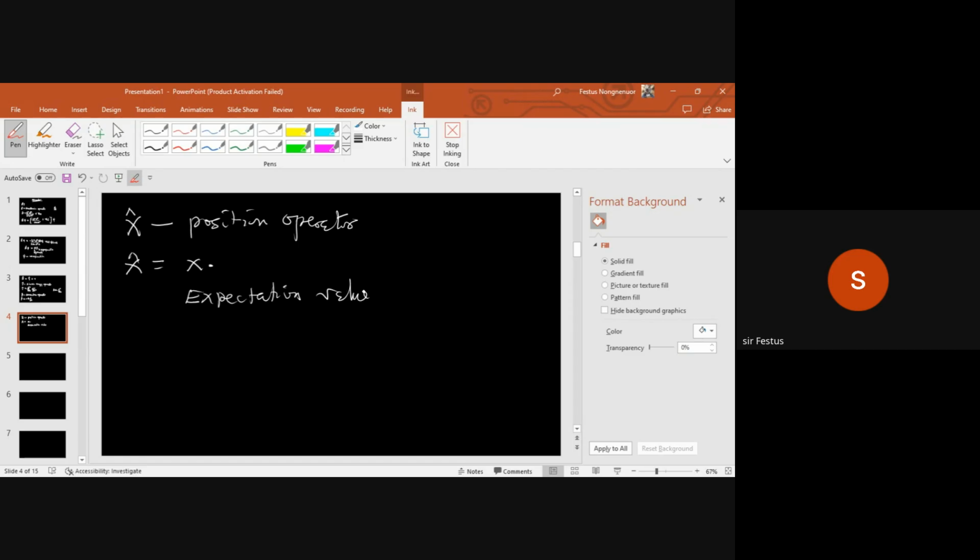Expectation value. Now, when you talk about expectation value in quantum mechanics, what it simply means is that you are looking at the average value of a certain measurement that you've conducted.